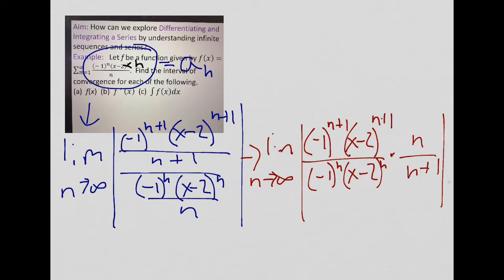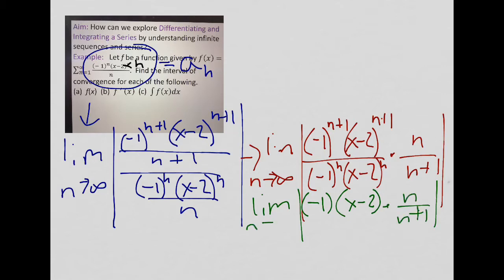So what do we have here? We have the limit of negative 1 times the quantity x minus 2, and we have n over n plus 1. We're not going to really be able to simplify that, but don't worry, with the limit.